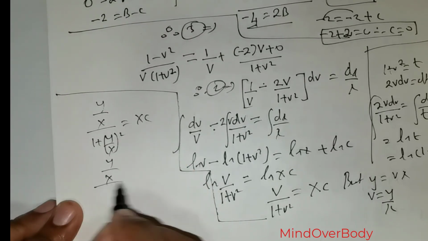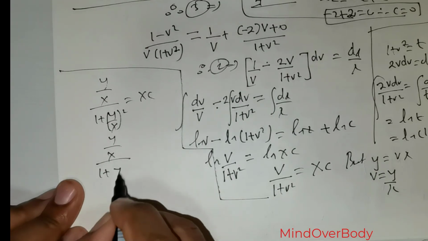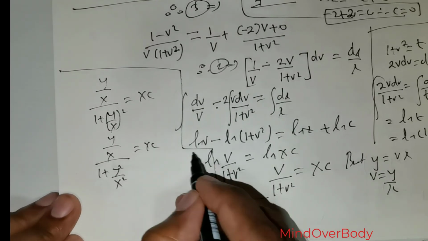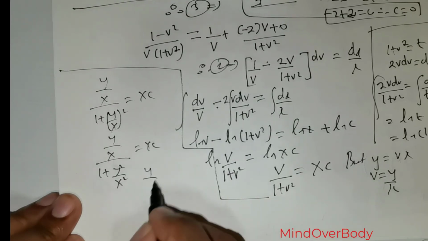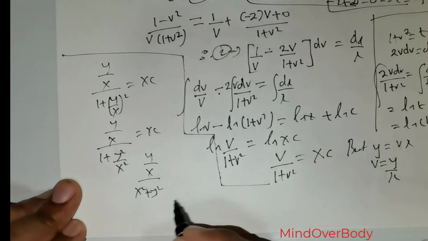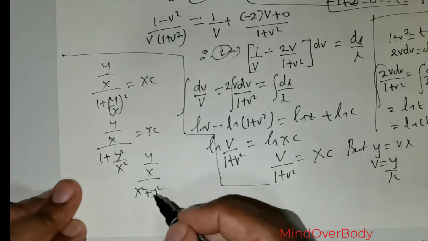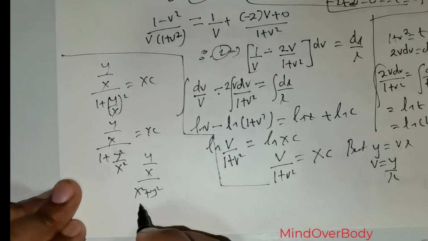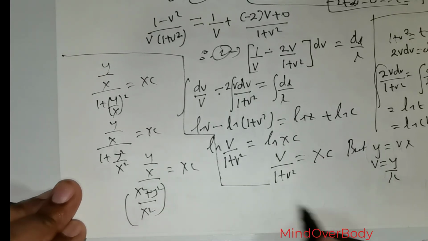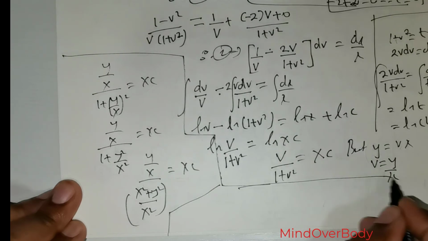This is y over x divided by 1 + y² over x², equal to x times c. Now this is y over x divided by (x² + y²) divided by x². I will flip it. So this is x times c.